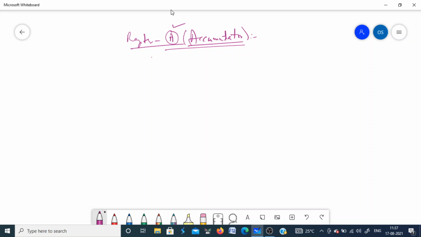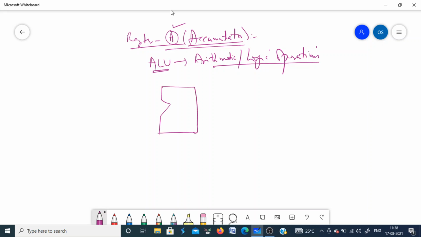Because all the arithmetic and logic operations in the ALU, ALU is supposed to perform these arithmetic and logic operations. In all the arithmetic and logic operations, the accumulator is used as one of the operands. It means, this is the ALU, when you see the architecture also, you have to perform some arithmetic or logic operation between two 8-bit numbers.